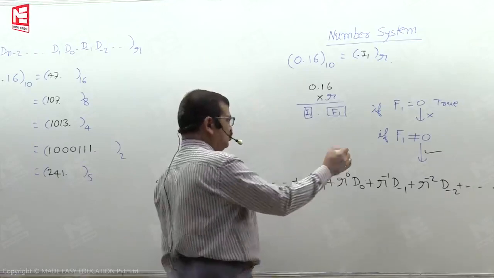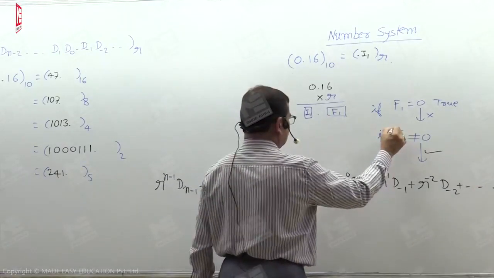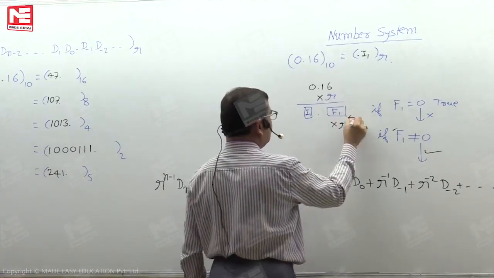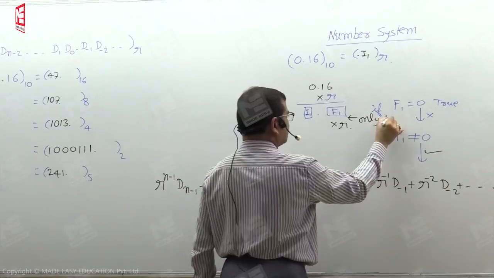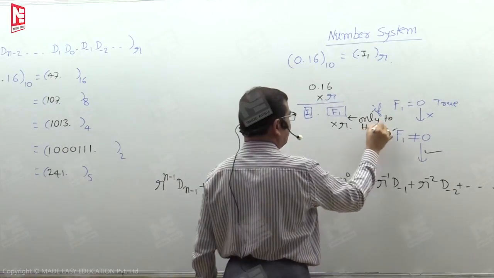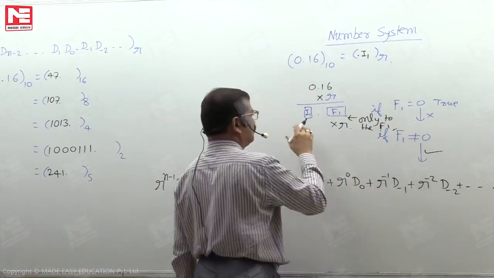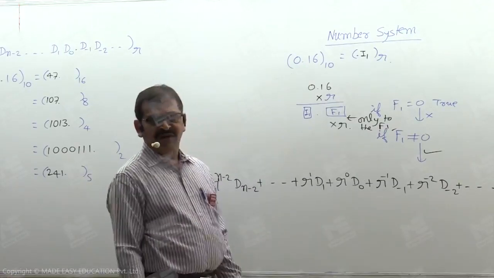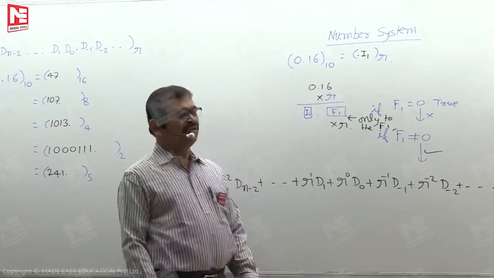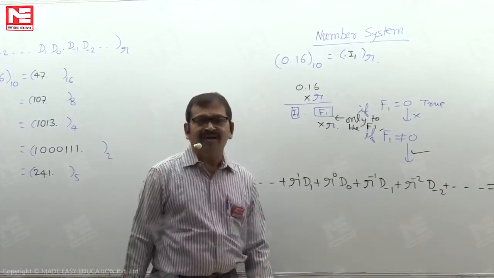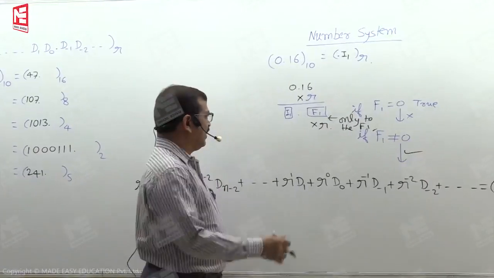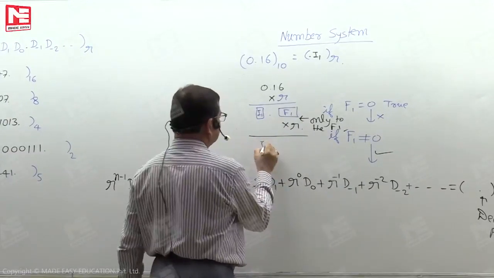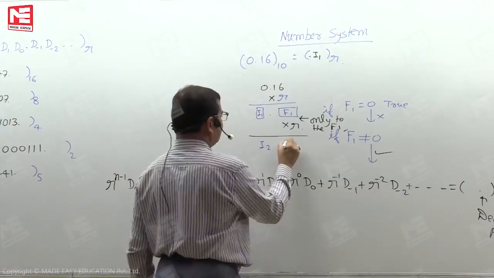So, assuming f1 is not equal to 0, we have a further multiplication. The multiplication is only applied to the fractional part, only to f1. So when we are having this further multiplication, the integer part is not taken into account, or the integer part is to be assumed as 0. While multiplying here, we get some integer digit and some fractional part.